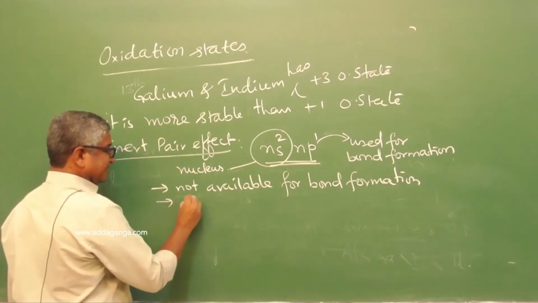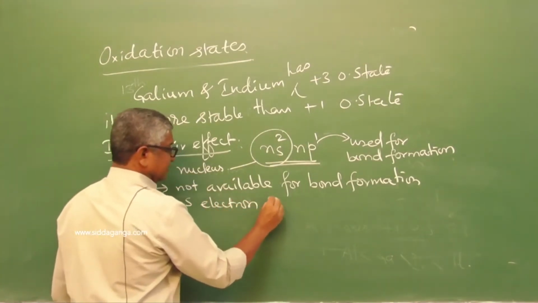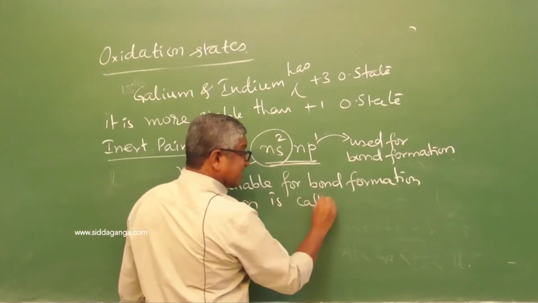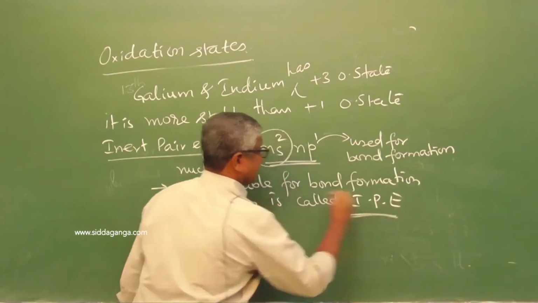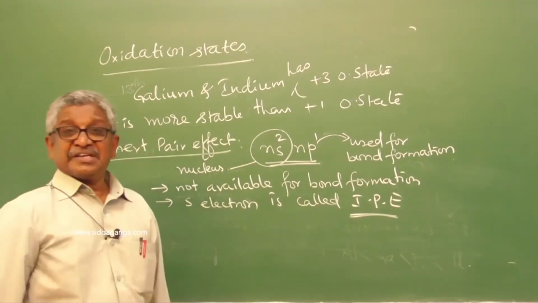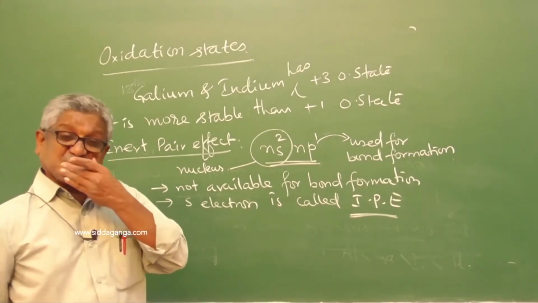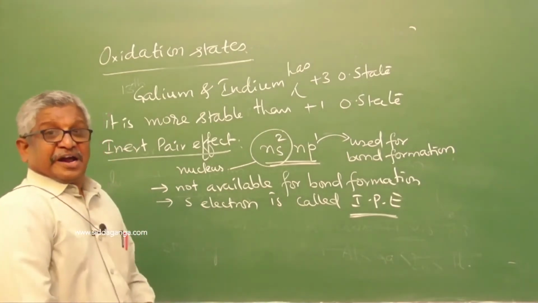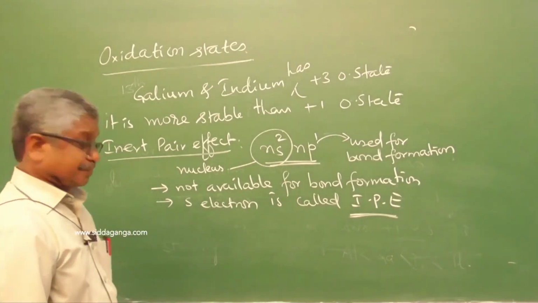These s electrons show the inert pair effect, IPE. If we move down, the inert pair effect increases down the group.